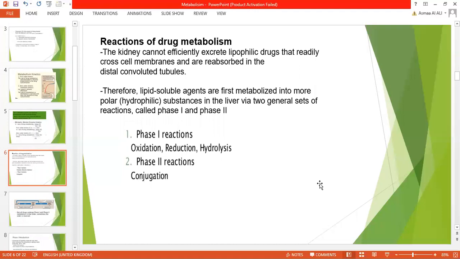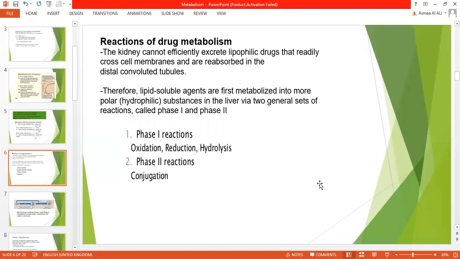Reactions of drug metabolism. The kidney cannot efficiently excrete lipophilic drugs that readily cross cell membranes and are reabsorbed in the distal convoluted tubules.